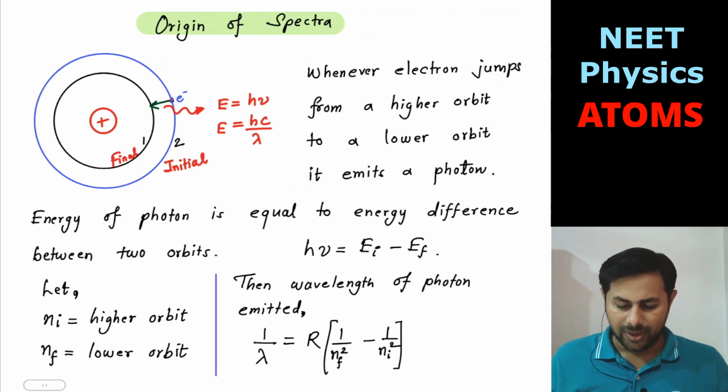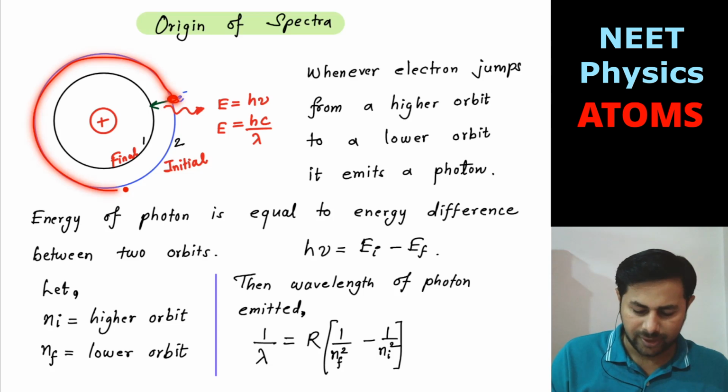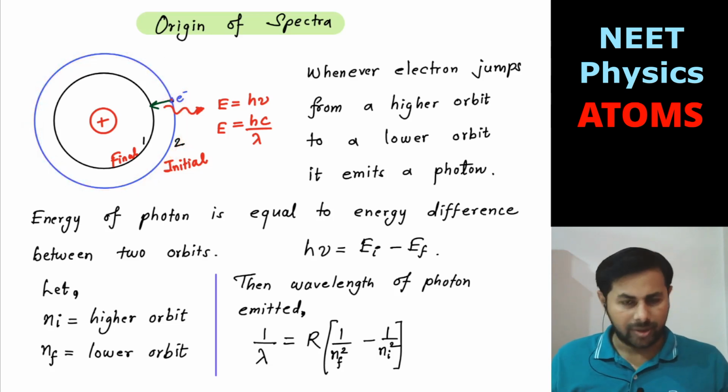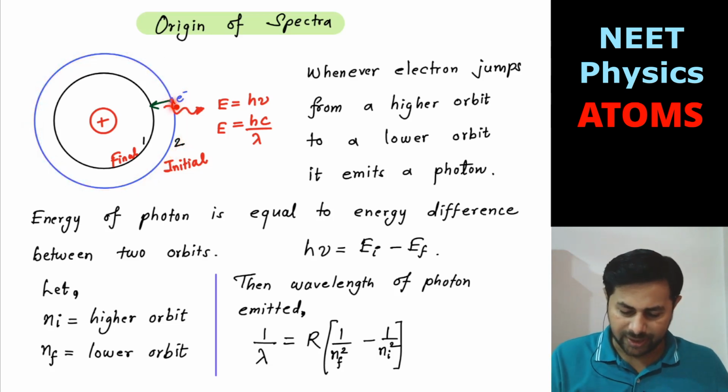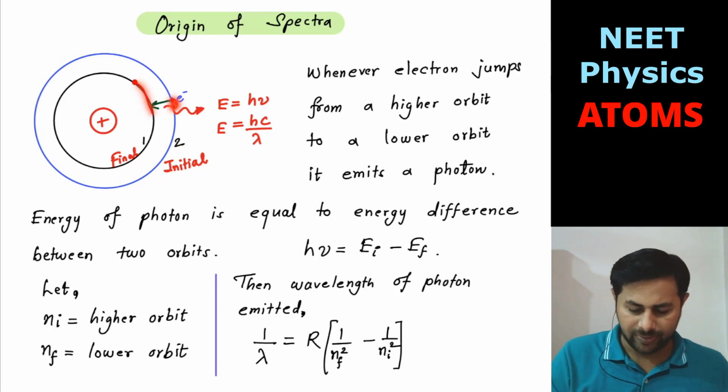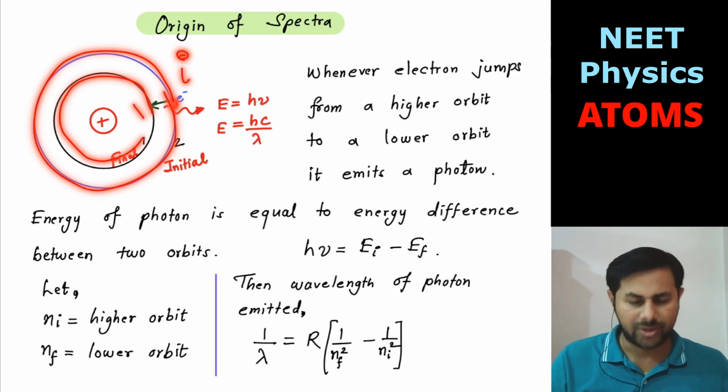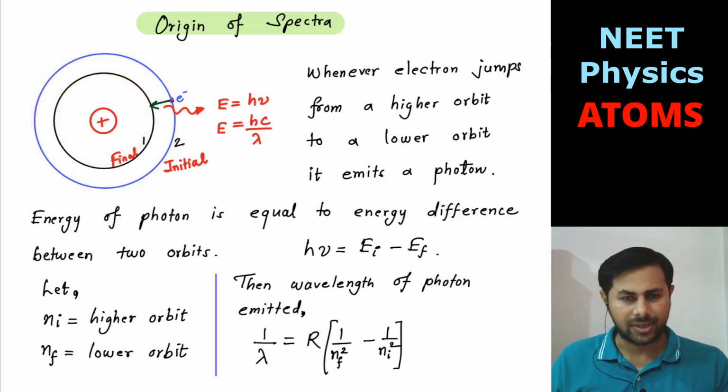So what is the origin of spectra? Suppose the electron revolves in some orbit, the initial orbit denoted by I, and it will have a certain energy.